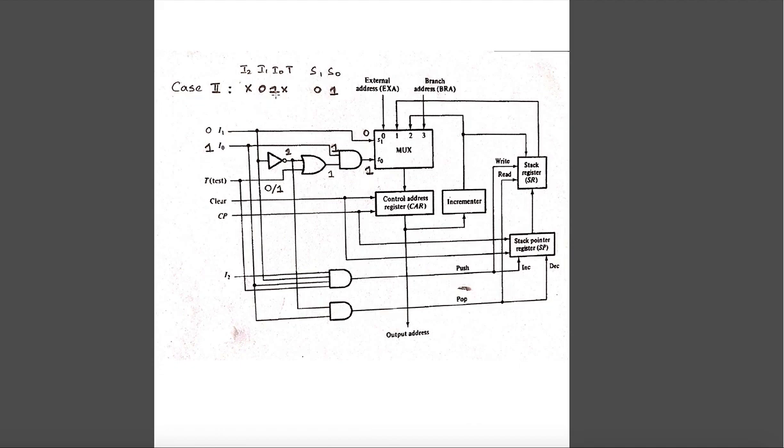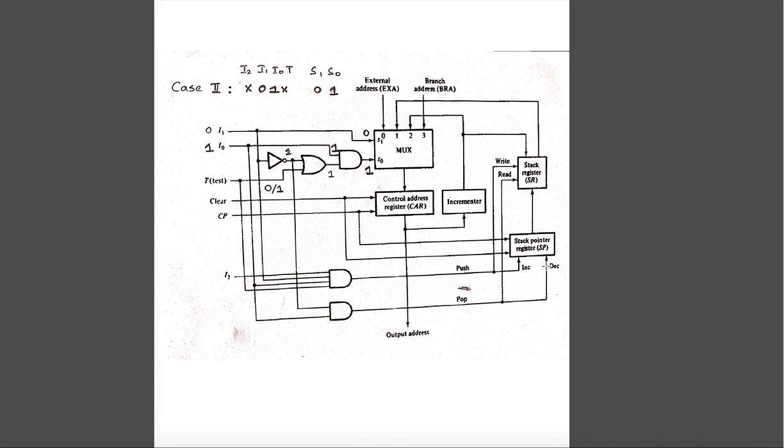Then we have I1's negation, which is also 1, so 1 is loaded to this AND gate. So if it is 1 1 here, it means that the pop operation is enabled.